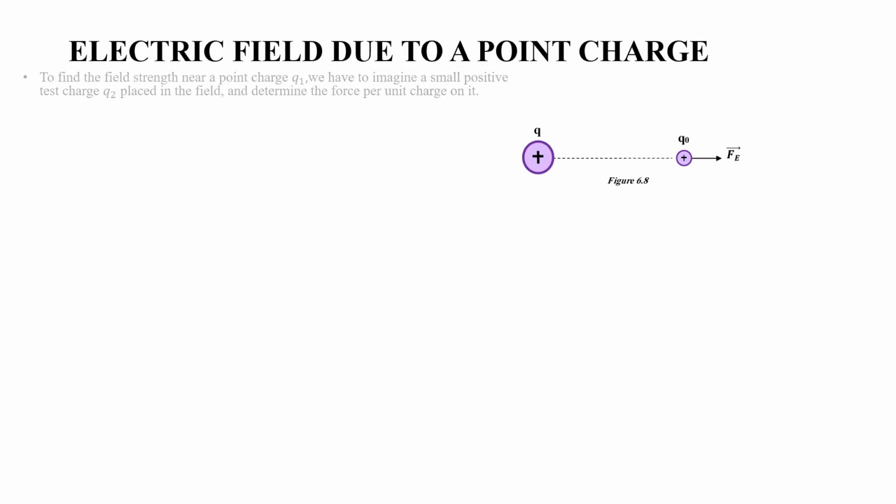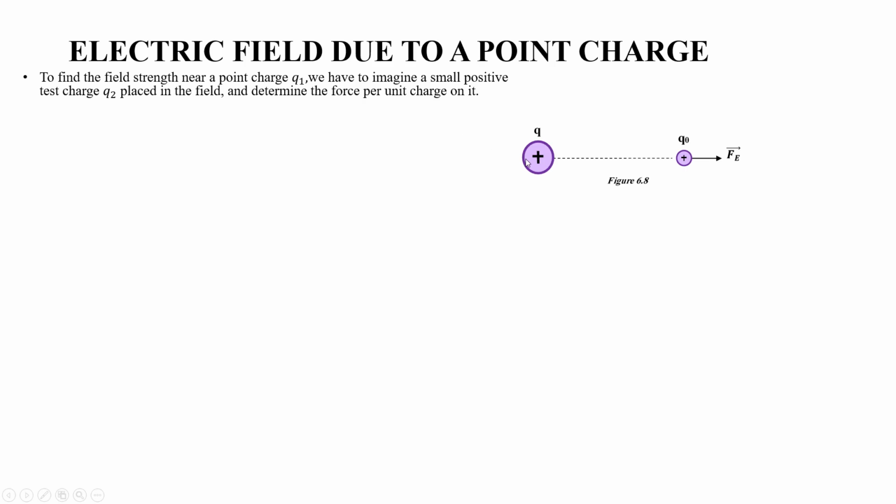Electric field due to a point charge. Now this shows a relation between two electric charges and their effect on each other. Suppose there are two charges. What would be the effect of one charge over the other charge? To find the field strength near a point charge Q1, we have to imagine a small positive test charge Q2 placed in the field and determine the force per unit charge on it.